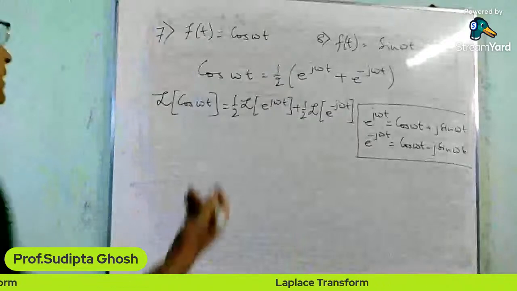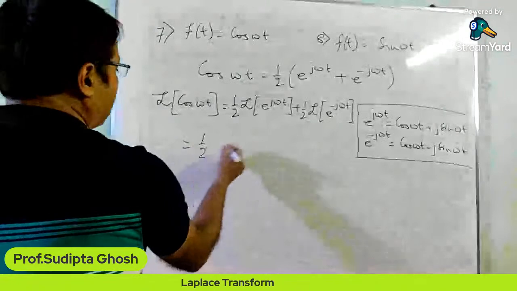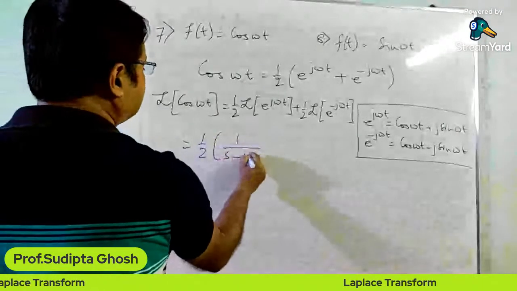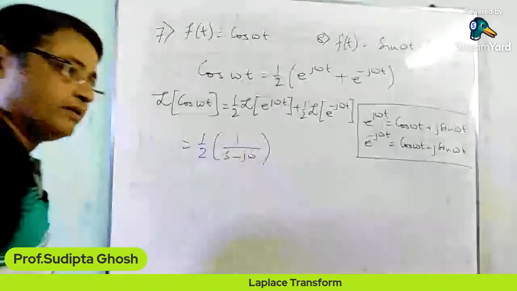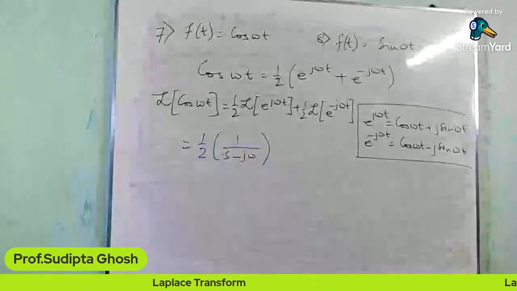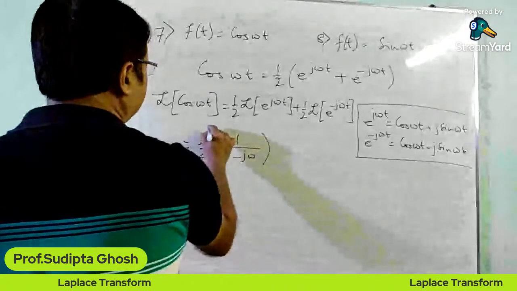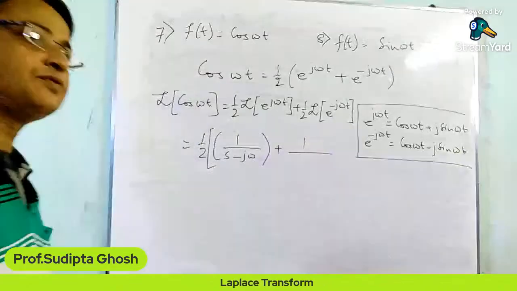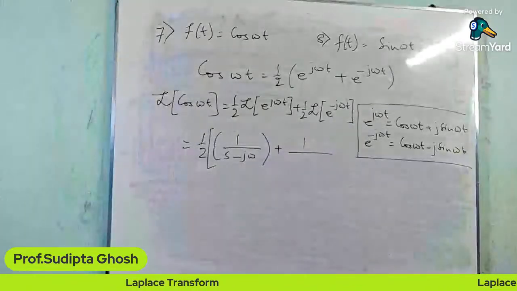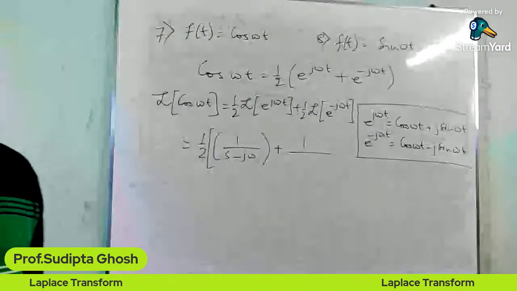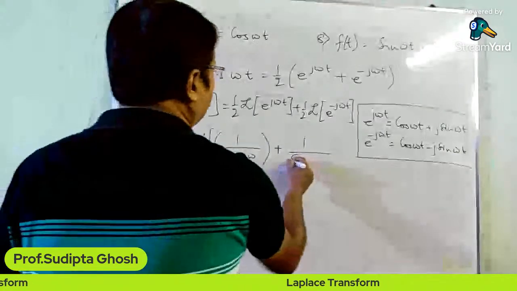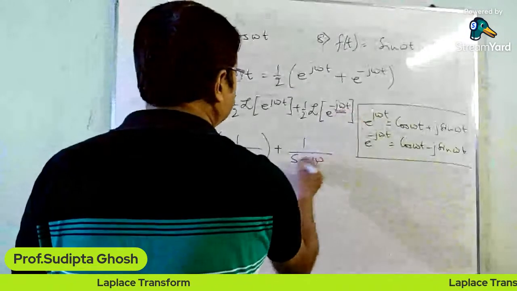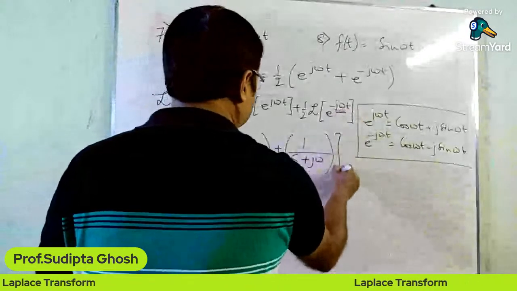So by using that value, that is half into 1 by s minus alpha, that is s minus j omega, plus 1 by s plus a, since the Laplace transformation of e to the power minus at is 1 by s plus a. So here it is s plus j omega. Is it right? Okay.